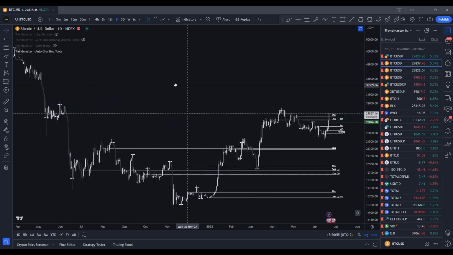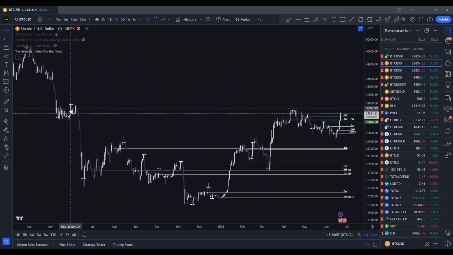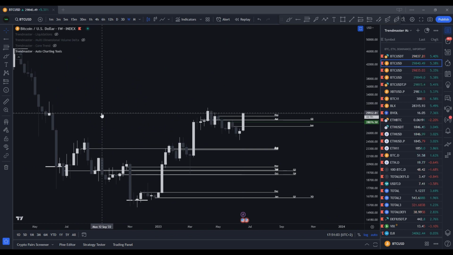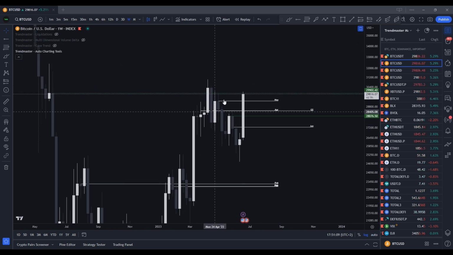Yeah, I mean, it's still a significant time frame, where we're at. At the end of the day, what matters to me is this on a weekly time frame.